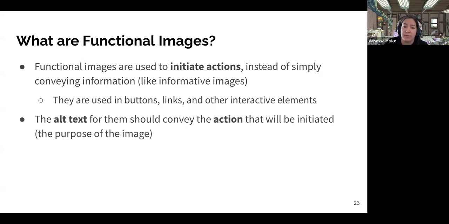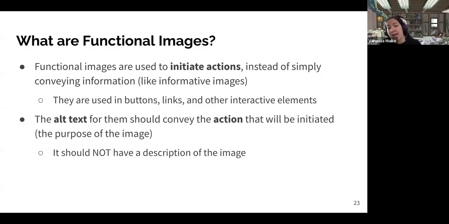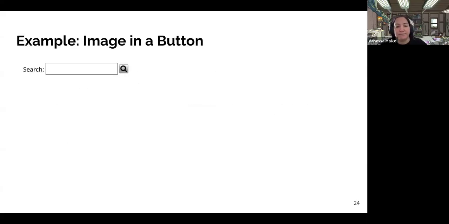So the alt text for them should convey the action that will be initiated, which is the purpose of the image. It should not have a description of the image, which is the most common mistake people make if they don't know about these different purposes of images when writing alt text.